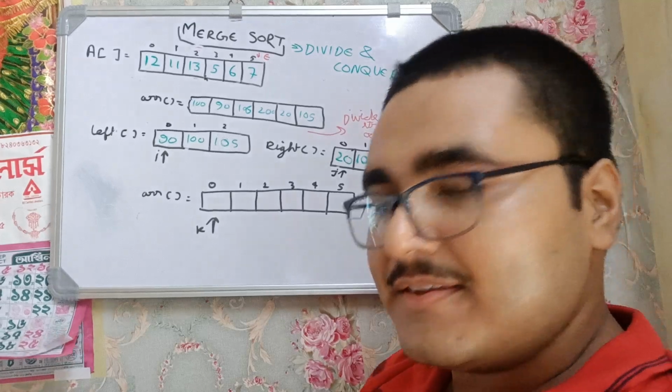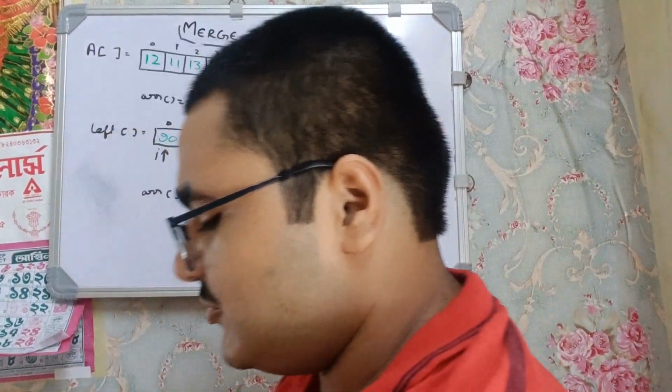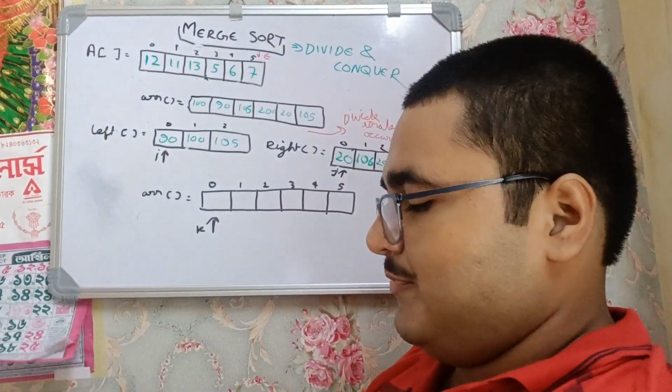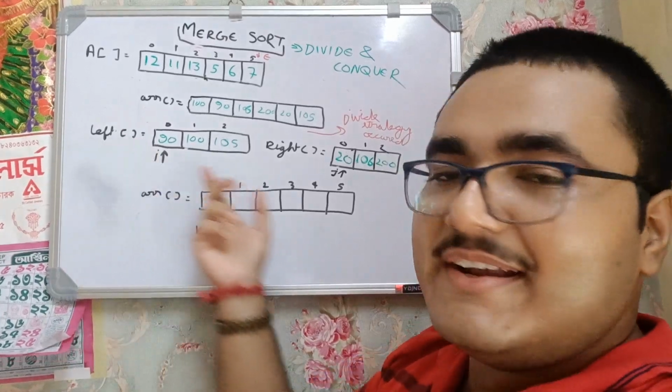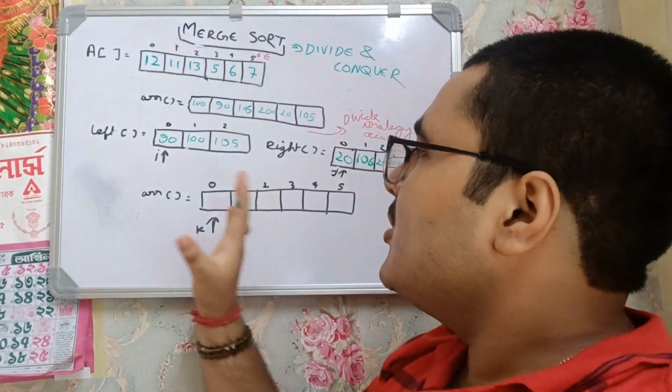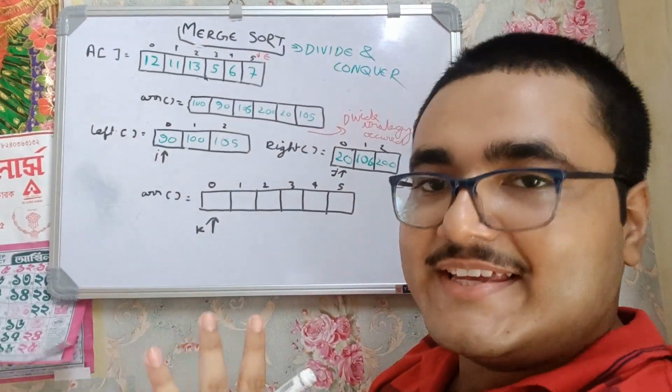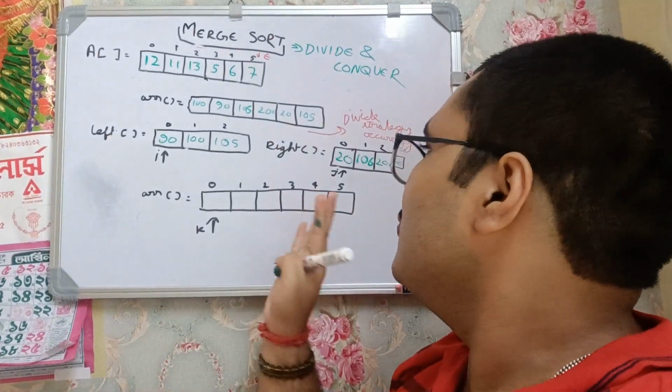So if I talk about this now, left of i and right of j, we will just be checking who is lesser than whom, right?